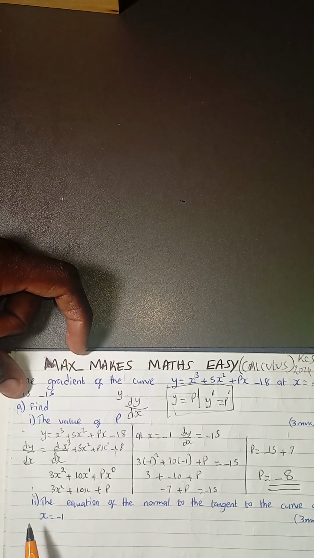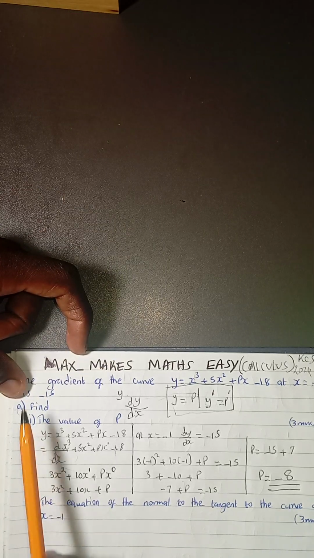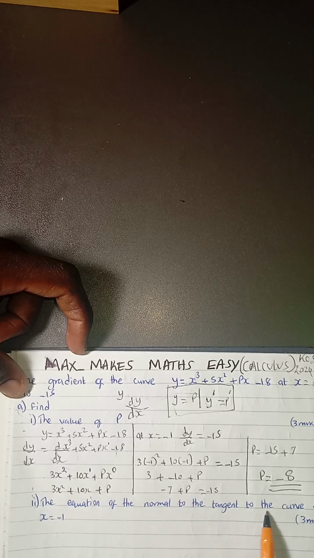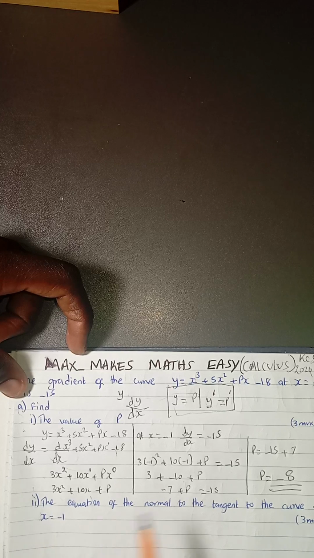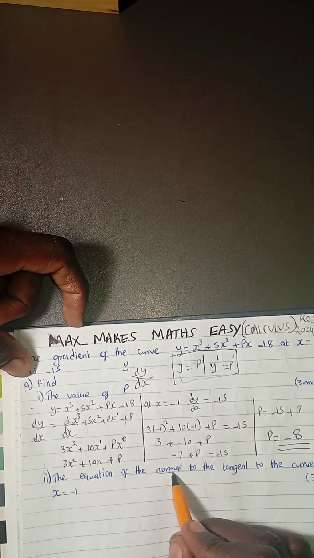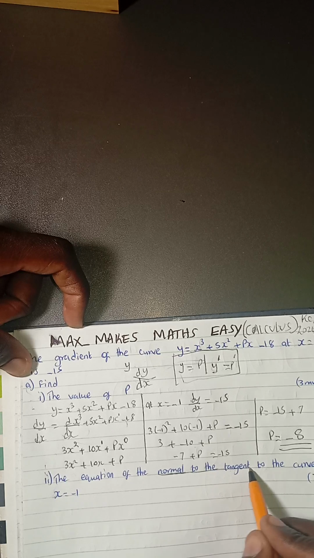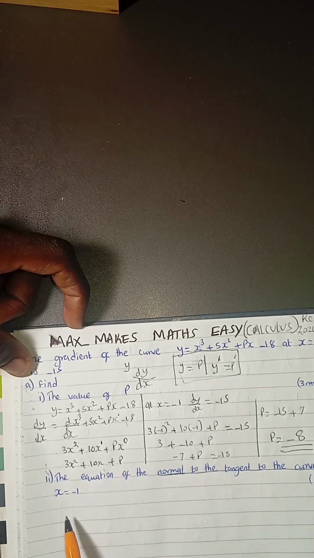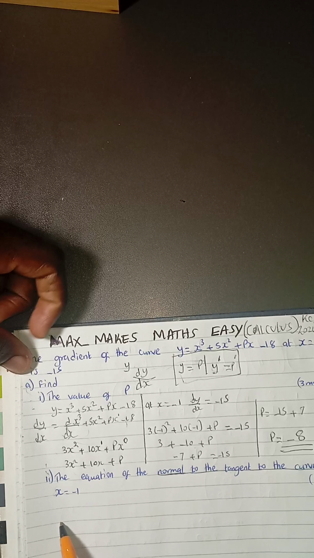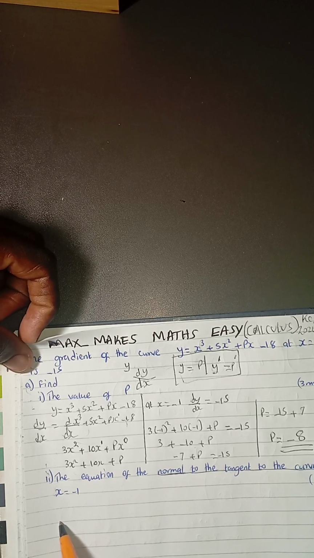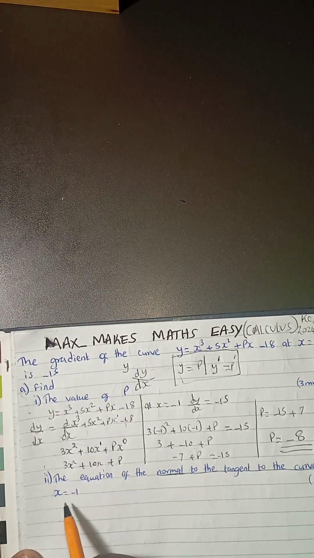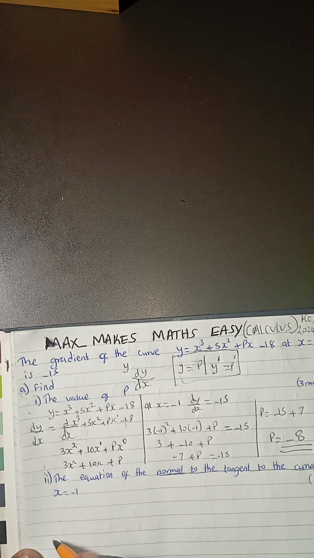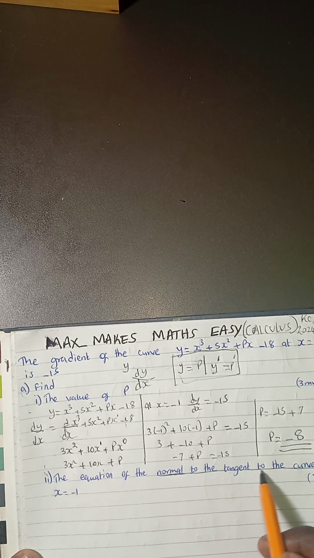The next question reads, the equation of the normal to the tangent to the curve at x equals negative 1. So what are we supposed to do here? At x equals negative 1, we must find the value of y, and then the equation of the normal to the tangent to the curve.